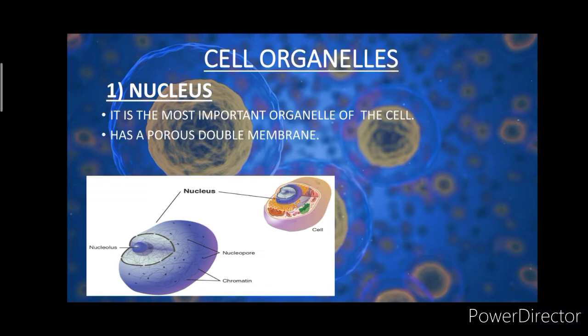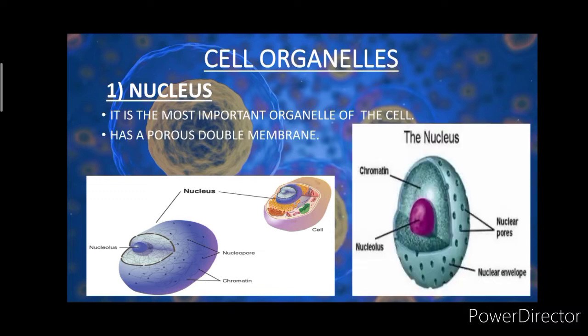It has a porous double membrane. So here in this particular enlarged picture of a nucleus, you can see that there is a double membrane, that is, there are two outer coverings. There is one outer covering, and inside it we also have one more covering around the nucleus. It is porous because there are a lot of pores in it.